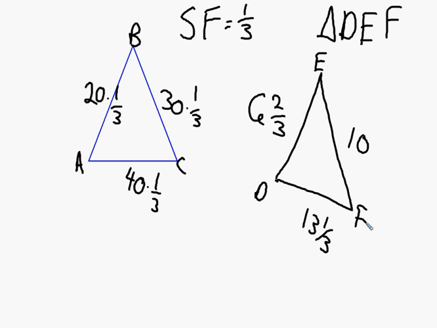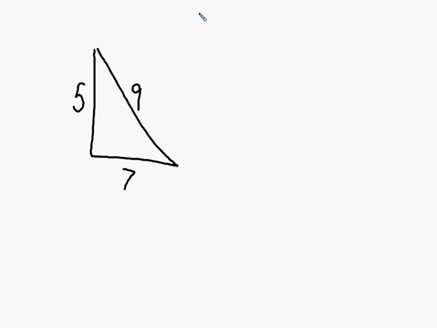So I'm going to give you a triangle to try out on your own. I'll just hand draw it. I have the following triangle, 5, 7, and 9. And we're going to apply the scale factor of, let's do 5/3.